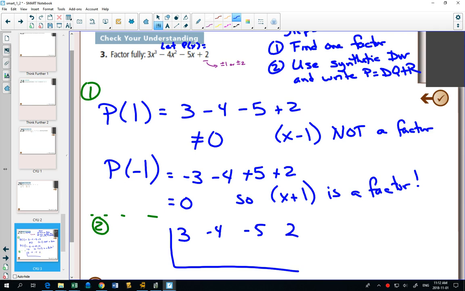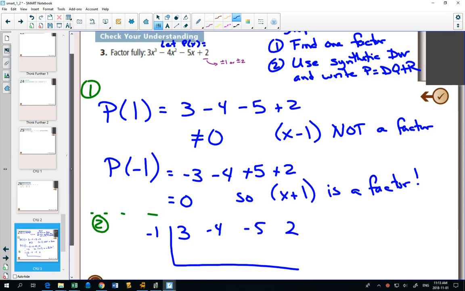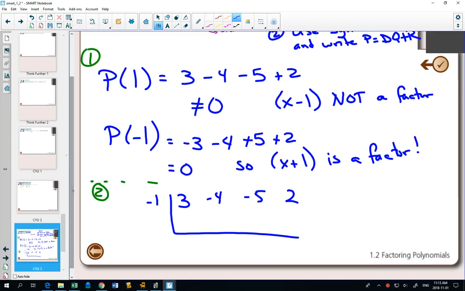I did a quick check to make sure they were in order, and that I didn't have to write zeros for anything that was missing. And since we know x plus 1 is a factor, what number would I write outside here? A -1. If this was done correctly, we should get a remainder of 0. Yes.